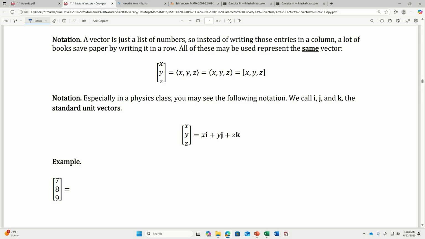I'm just going to show you this and hopefully never have to use it again. But I know that this shows up in physics a lot. And so I want to actually say this out loud so that you see it in physics class and you know we're still talking about the same vectors. But since a vector is really at its heart just a list of numbers, some textbook publishers prefer to write vectors in rows where the entries are separated by commas.